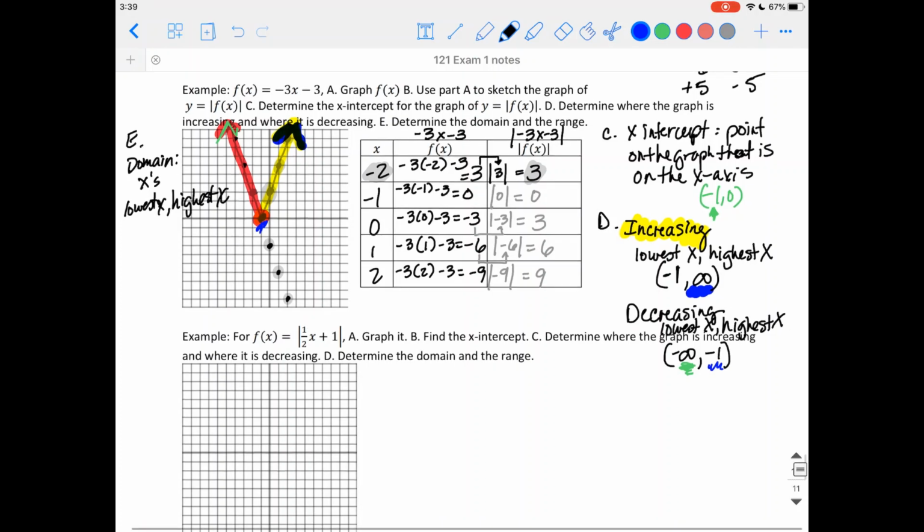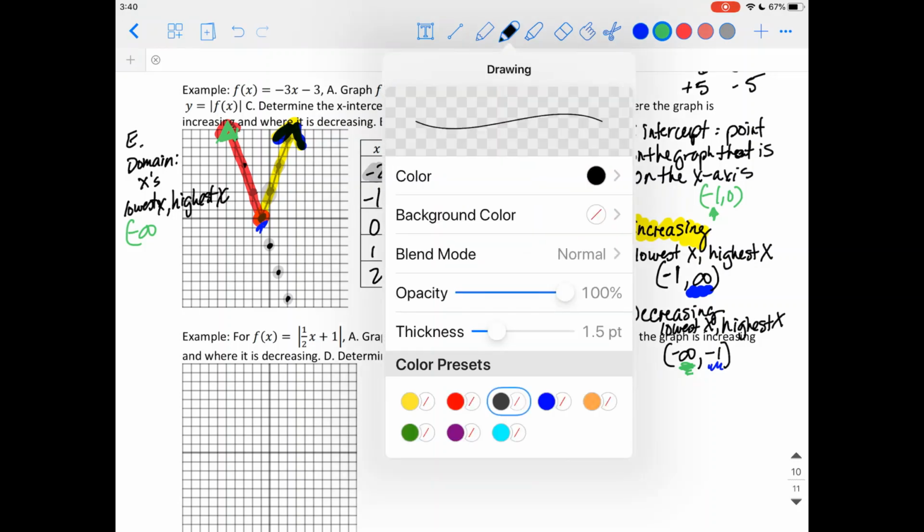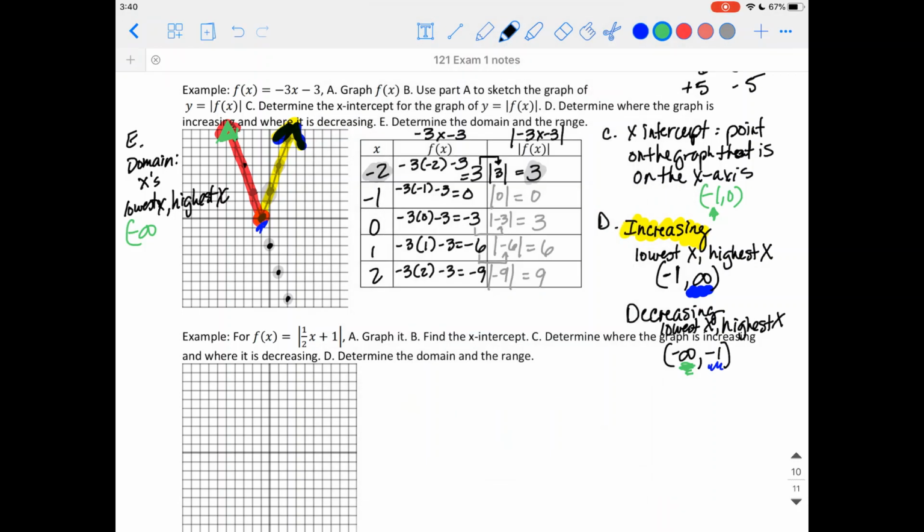My lowest x, because of this green arrow, is going forever to the left, so that's going to be -infinity, always with the parentheses. And then my highest x, because of this green arrow, is going forever to the right, so it's going to be positive infinity, always with a parentheses.